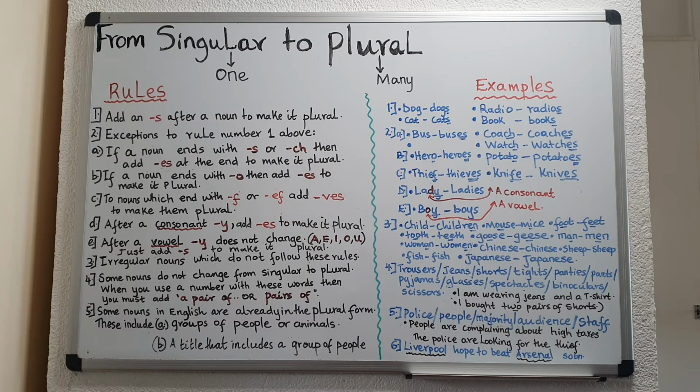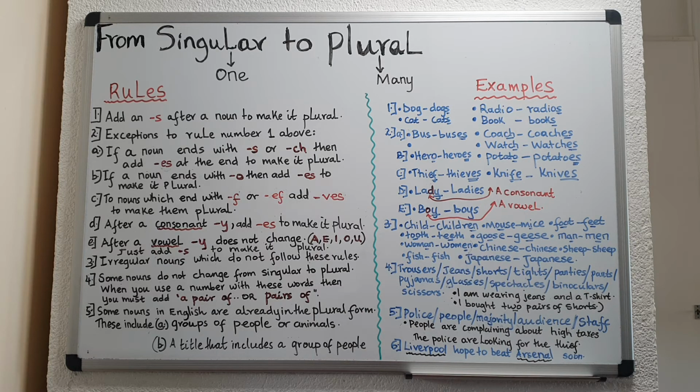Child becomes children. Okay? Child becomes children. I have 1 child. You have 2 children. And then mouse. Mouse becomes mice.